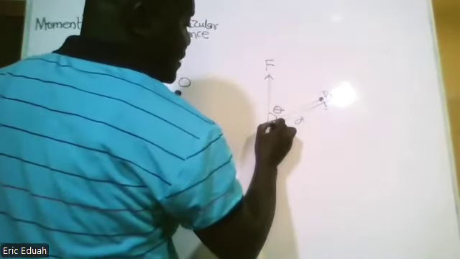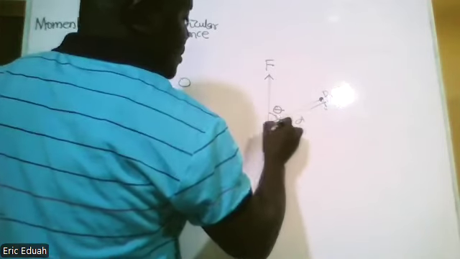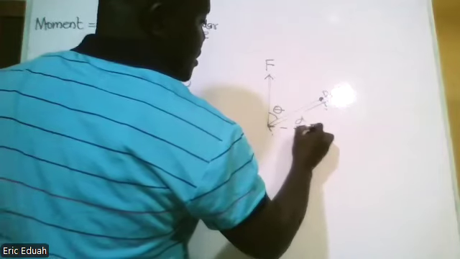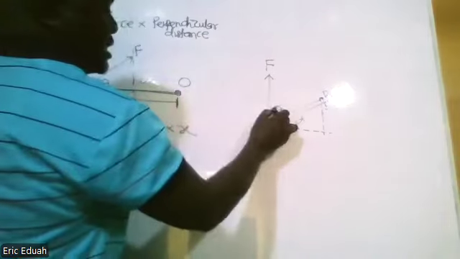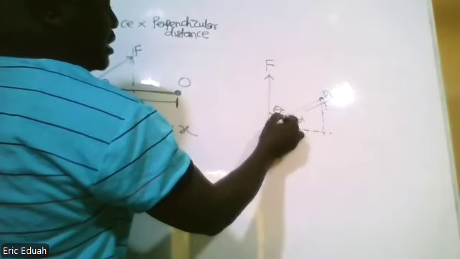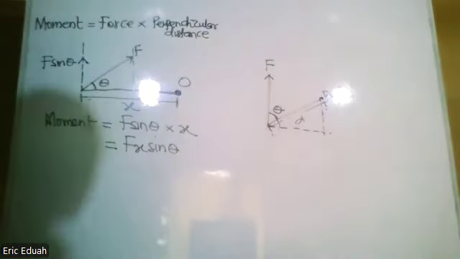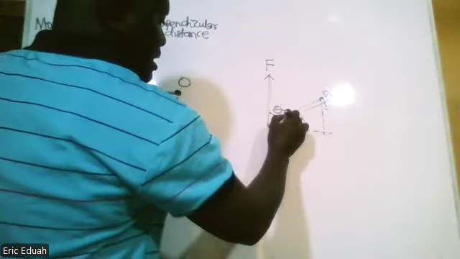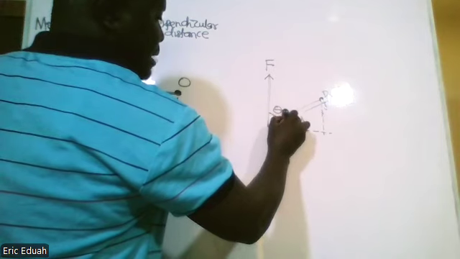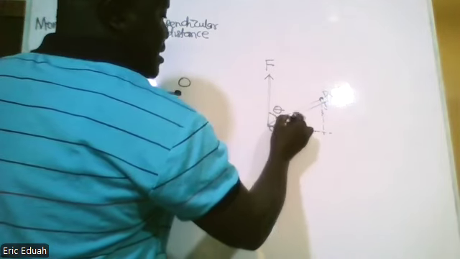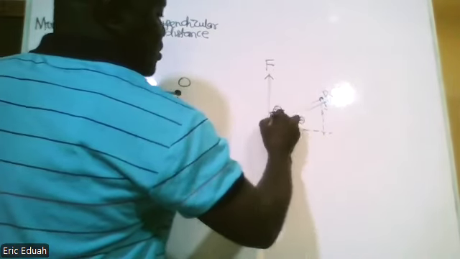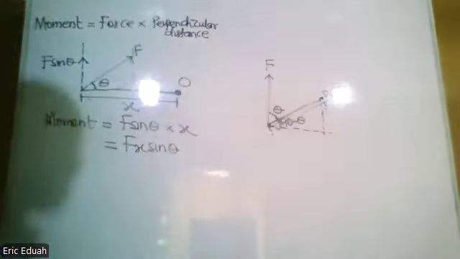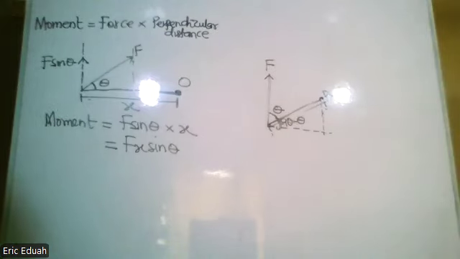So when we resolve this, we have this angle. If this is theta, this will be 90 minus theta. And so using sine of 90 minus theta, which is this angle, we can find the moment.